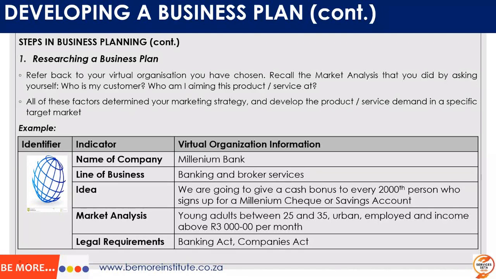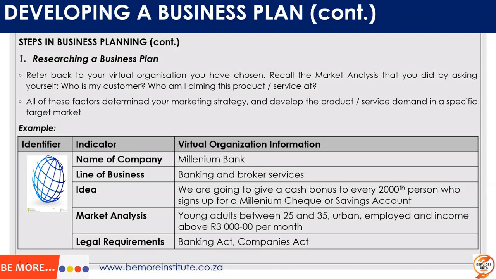This is an example of what you look at when you are researching your business plan. You capture it. It's not prescribed, but this is a format that puts it nicely. You will have your company. An example here, we're looking at a bank. The line of business is banking and broker services. What is the idea that this bank has?